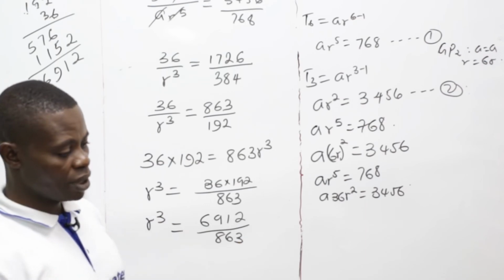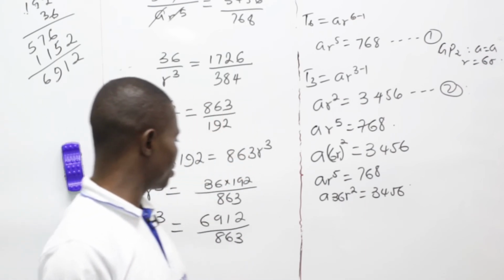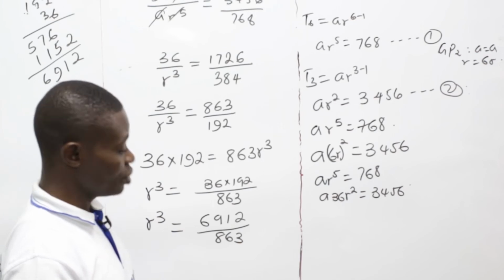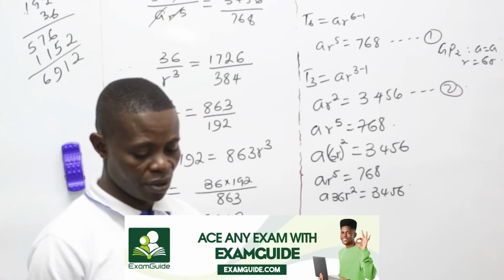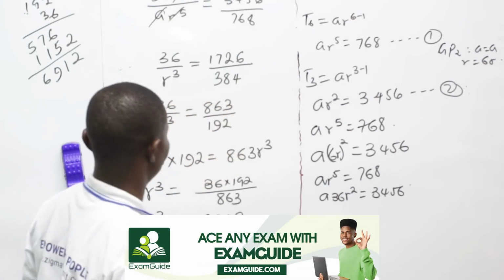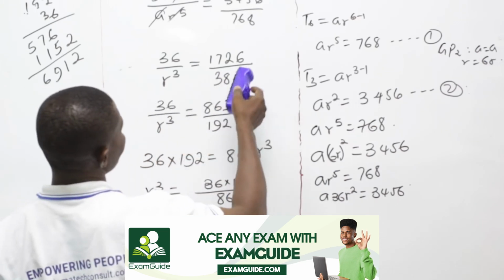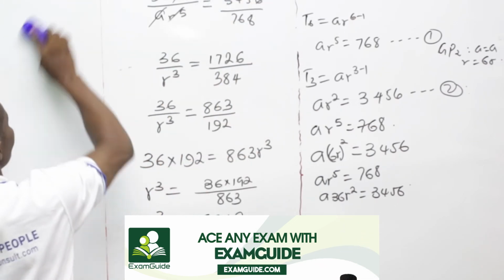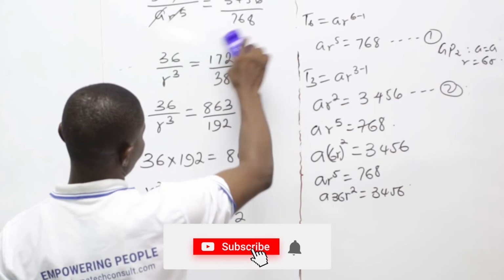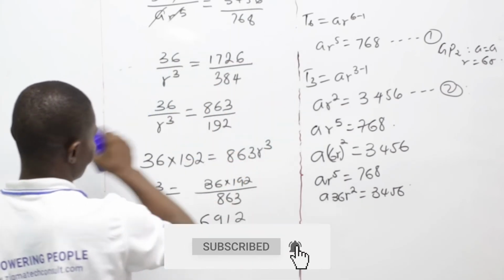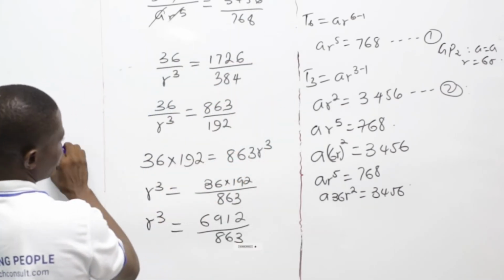We're going to use calculator. Let's divide and see what we'll have to give us our R cube, 8. So this is just a long process. We are trying to break it down.